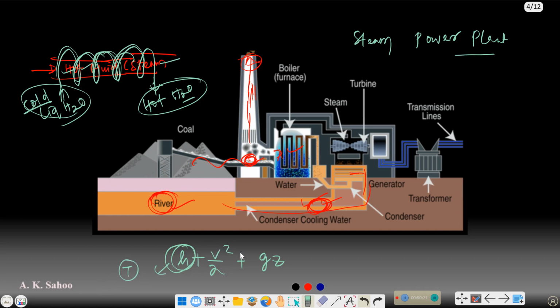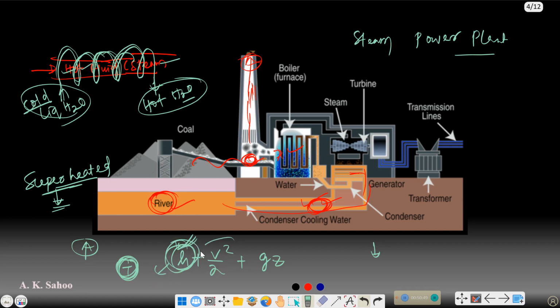If we have added heat to this water and reached the maximum temperature, that is the superheated steam. That means we have converted the steam into superheated steam, so the temperature will be maximum in this case, and we will have maximum enthalpy at this condition.